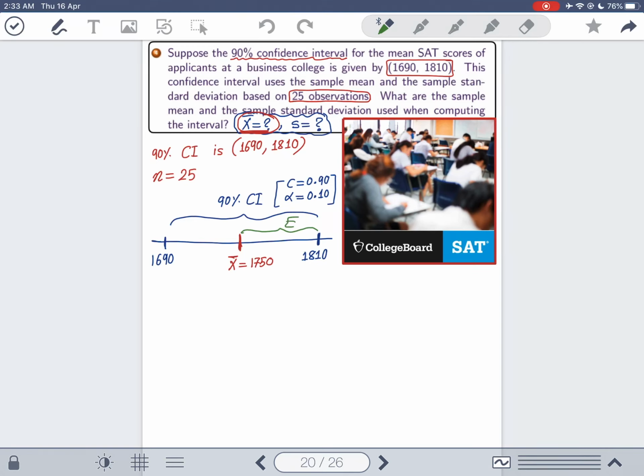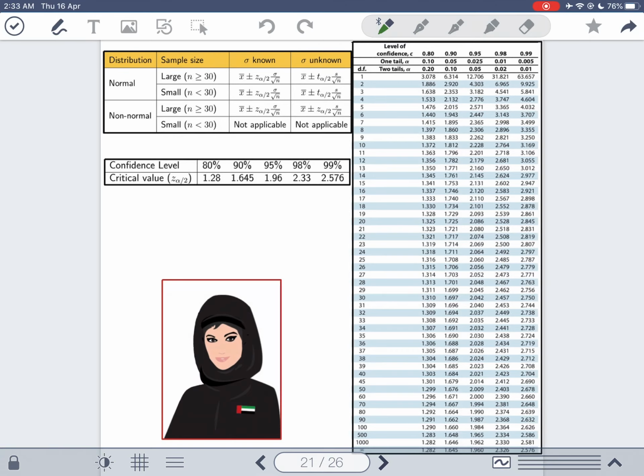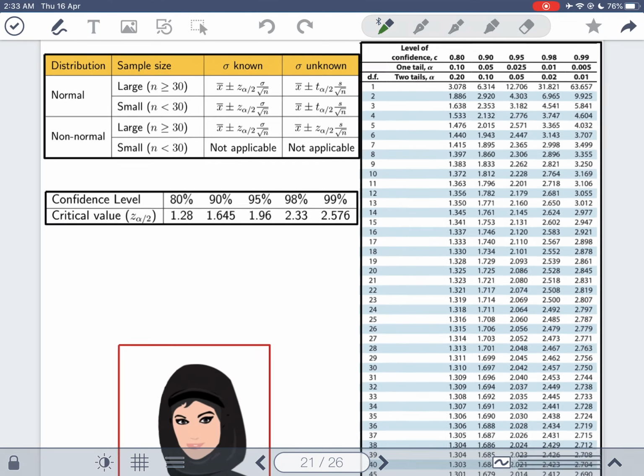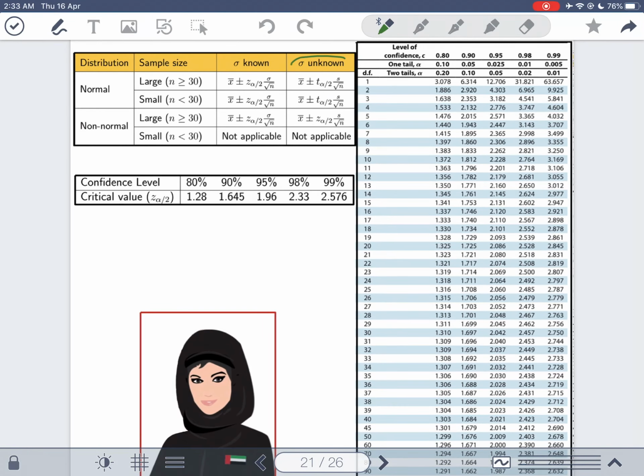Remember, in this case we will be using the t distribution, because sigma is unknown and the sample size is small. So you cannot take a non-normal distribution because it will not be applicable. Our distribution must be normal.